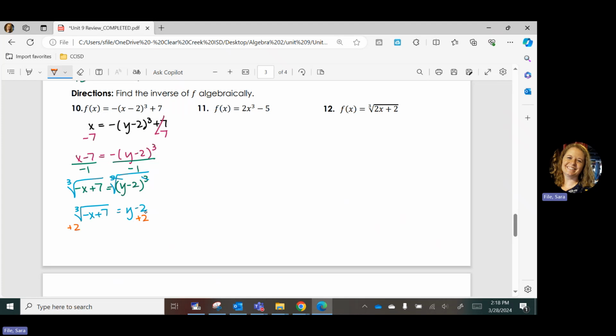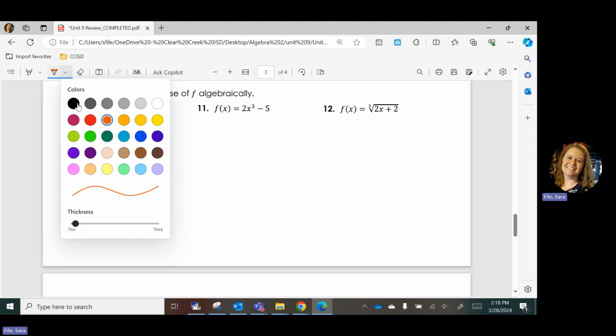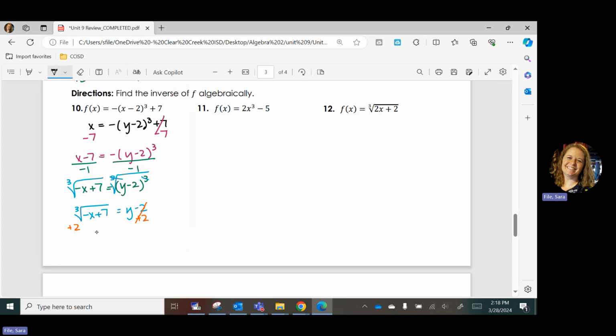Do not combine that 7 and 2. Common mistake to make. Don't be the one to make it. So the inverse is the cube root of negative x plus 7 and then plus 2 on the outside. And you can check it graphically or you can check it algebraically how I showed you as well.